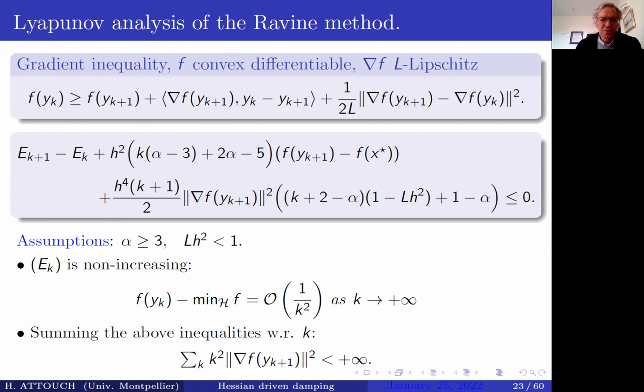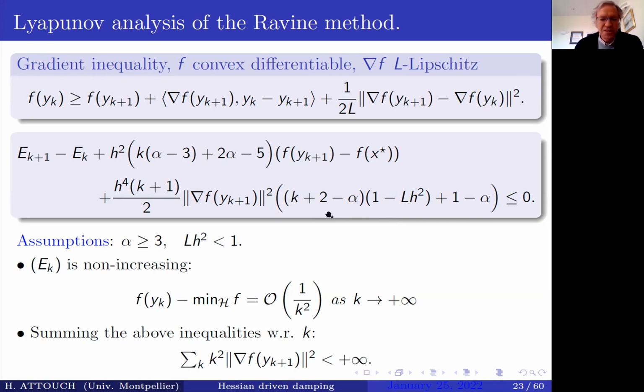Here, you have to use the gradient inequality in the case of a convex function. In the case of a convex function, you have this additional term which involves the difference of a gradient. And this is essential in order to obtain this term here. If you don't use this sharp form of the gradient descent lemma, you miss this term. And this is what happened in the classical earlier proof.